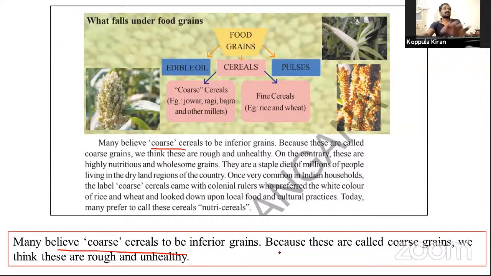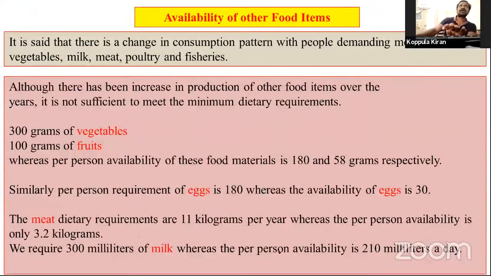That's why they neglected this. And next thing, availability of other food items, not only paddy, wheat, jowar, bajra, ragi, and other food grains. Let us discuss availability of other food items particularly.